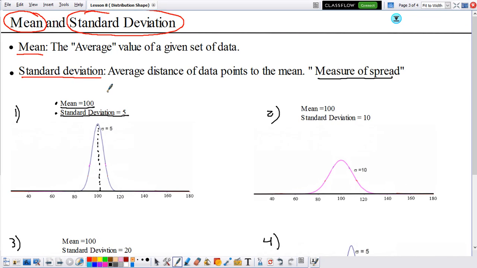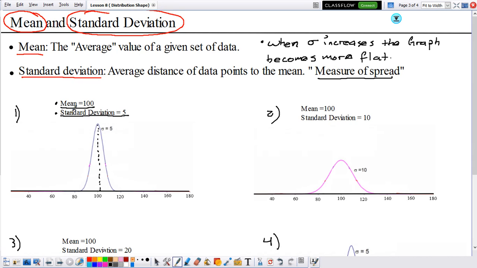One thing to keep in mind is that this symbol is called sigma. When the sigma, or the standard deviation, increases, the graph becomes more flat. What do I mean by that?